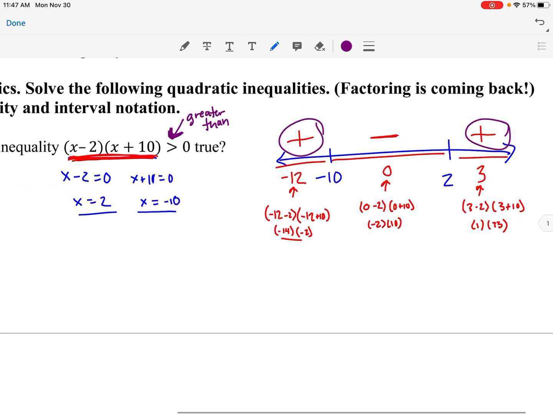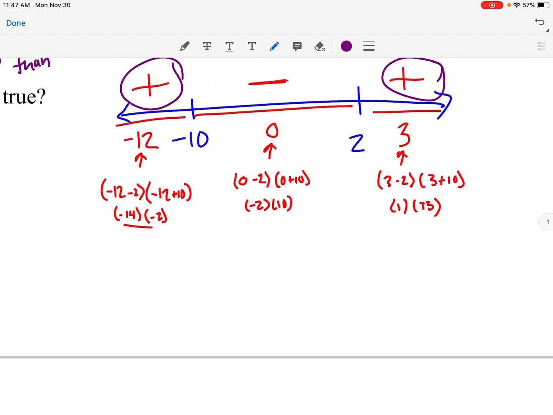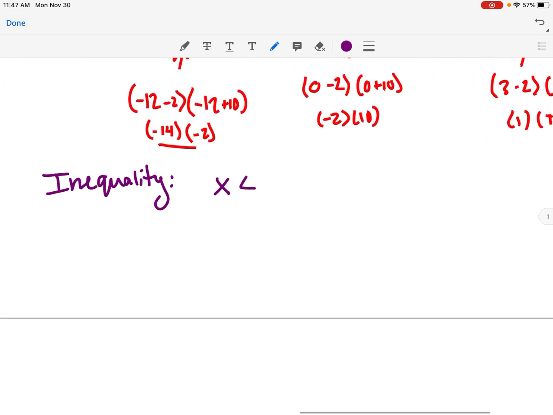I need to write it in two different ways, though. I have to write it in inequality and interval notation. So let's do inequality first. The first interval is two different pieces, so I have to write two different inequalities. So x is less than, and if this symbol right here doesn't have an equal to, then my answer is not going to have an equal to either.